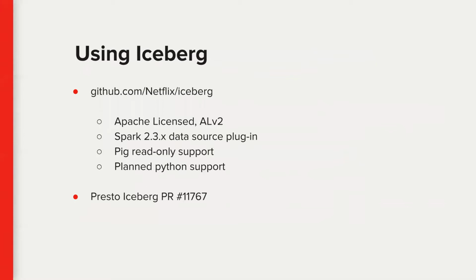There's a PR for the Presto project, and we've also submitted it to the Apache incubator, and the vote is currently passing, so we'll see how that goes. So hopefully in another few weeks, we'll be talking about Apache Iceberg and integrating that into all of the Apache projects you know of. Apache Iceberg incubating. Yes.